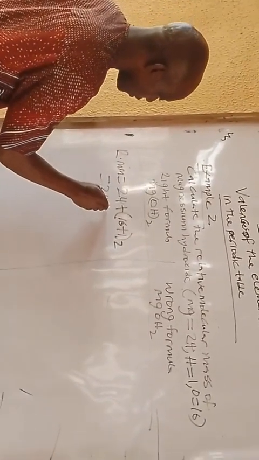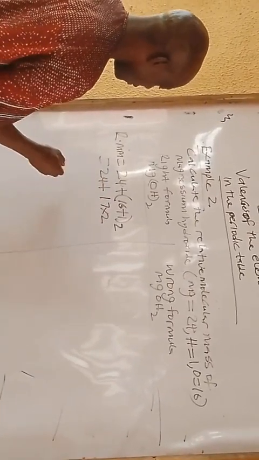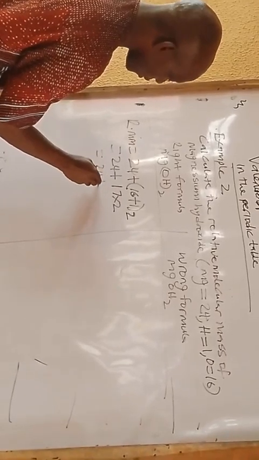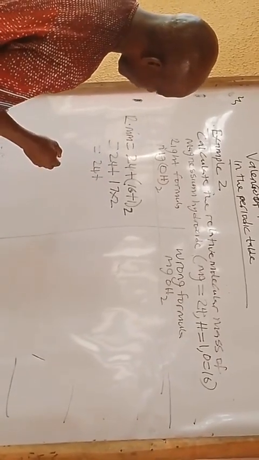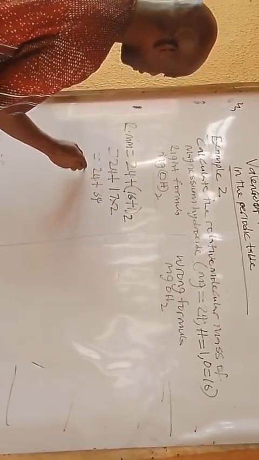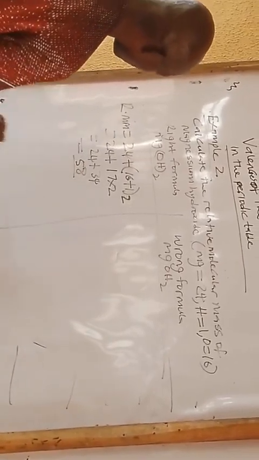So now I have 24 plus, I think, 17 times 2. So that will give us 24 plus 2 times 17, which is 34. That will be 58. That is using the right formula to do the calculation.